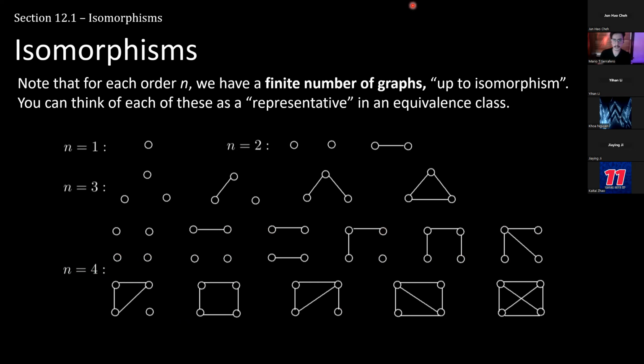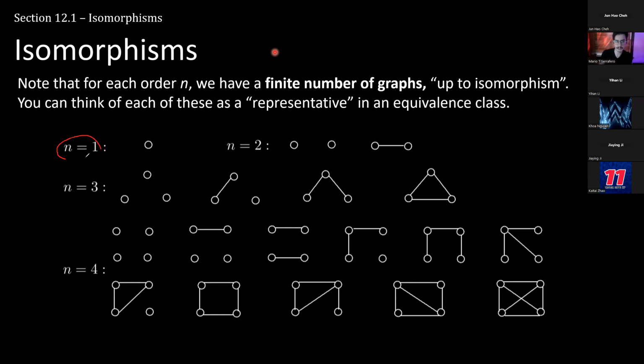This is also important because, as we saw with paths, if I have a path of length 4, there's only one path graph of length 4, right? And the same is true generally for each order n: we have a finite number of possible graphs, and everything else is just isomorphic to one of those.